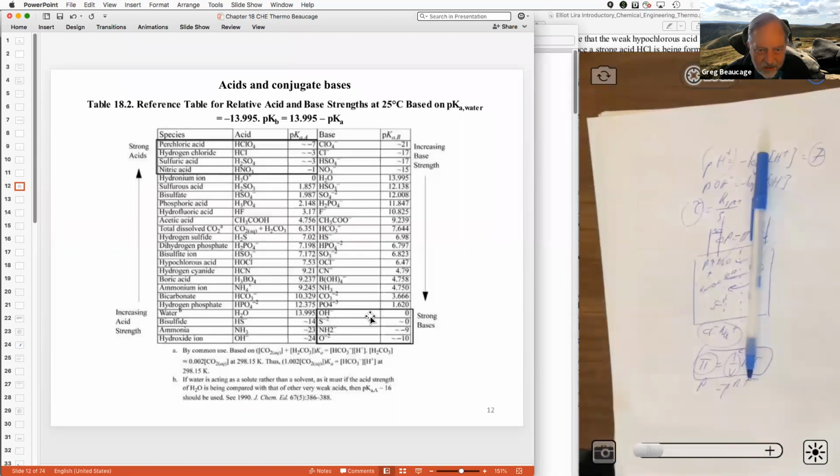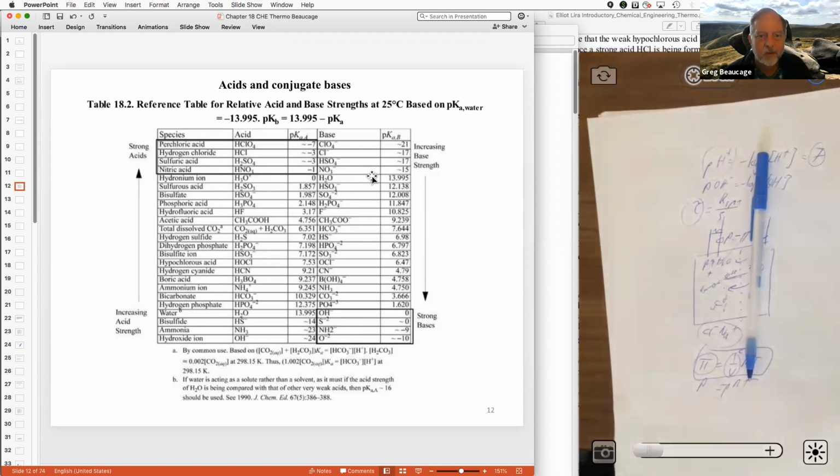Okay, so it's got two boxes here, a box up here and a box down here. So why are those boxes there? Well, if you're in an aqueous environment and you're more acidic, so your pKa is larger than, let's see, hydronium.